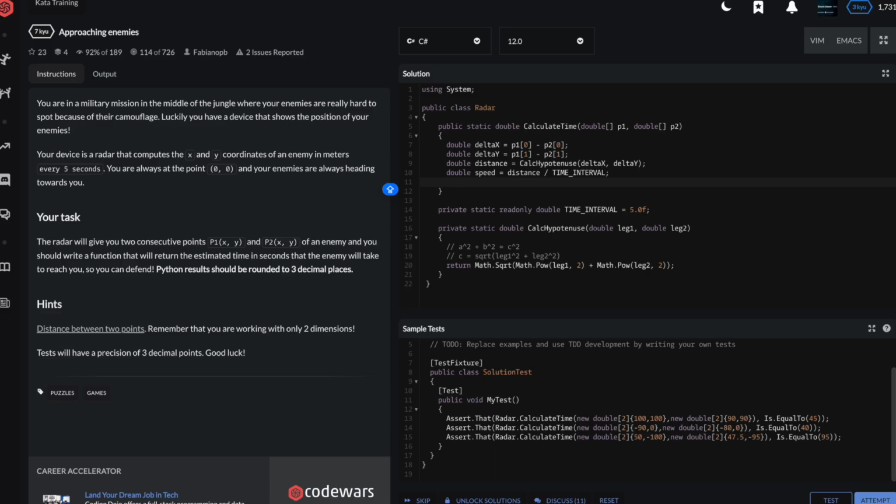So we can basically do the same thing we did, right? But now instead of between point 1 and point 2, we're calculating between point 2 and the origin. So I'm going to calculate that distance that's left, and I'm going to divide that by the speed that we calculated to get the time, right?